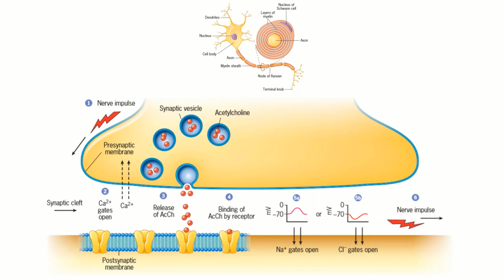And when the action potential has reached the synaptic knob of the neuron, it's going to cause the exocytosis of neurotransmitters, in this case acetylcholine. The neurotransmitter is released by the neuron into the synapse, where it diffuses and is caught by the acetylcholine receptor of the next nerve cell.